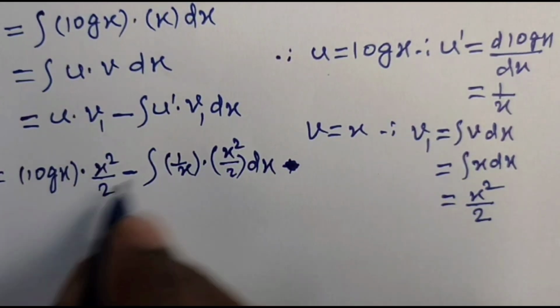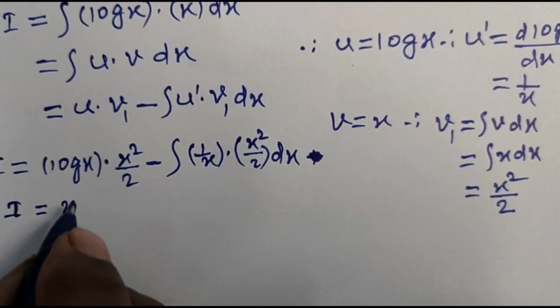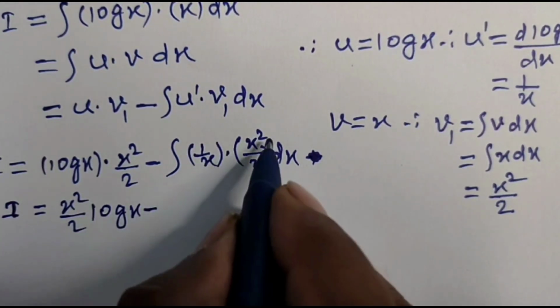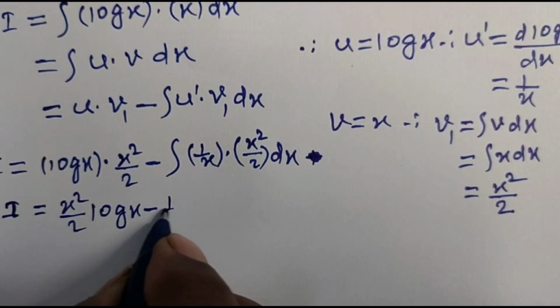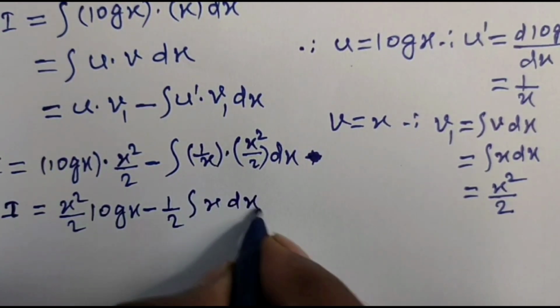So we have to simplify this. Hence I is equal to x square divided by 2 into log x minus, x cancels with this square, 1 upon 2 is taken outside the integral sign, remains x with respect to x.